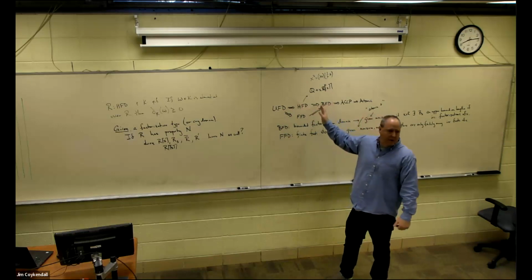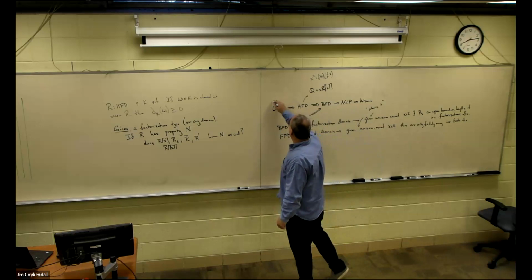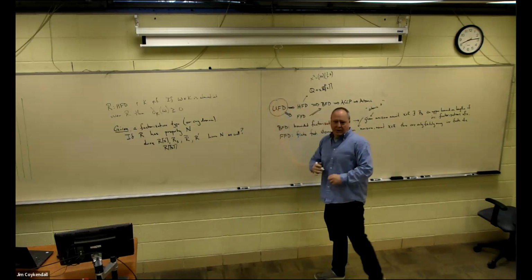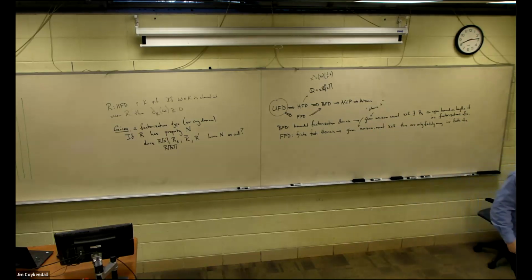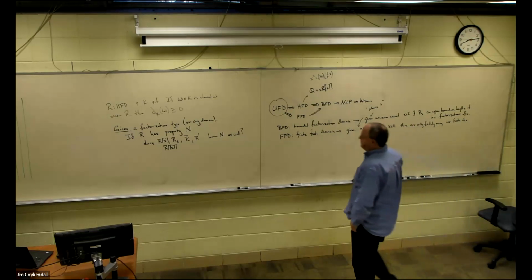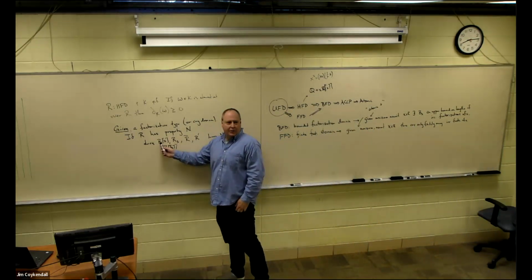Of all of these properties, let's figure UFD is the king, not just because it's at the top of the food chain, but because this is the only one that has a known universal ideal theoretic characterization. As far as the UFD, what about its polynomial ring? Yes.